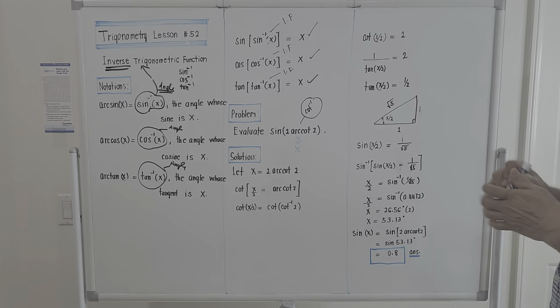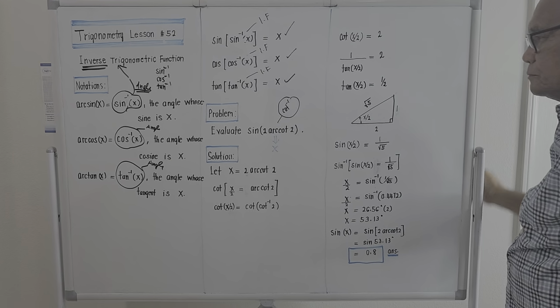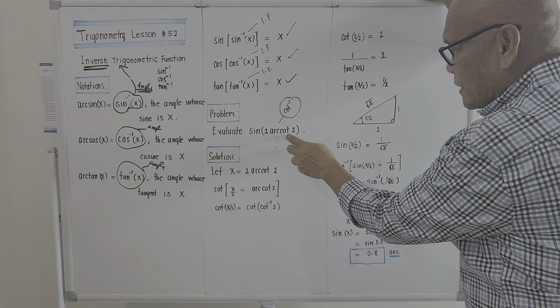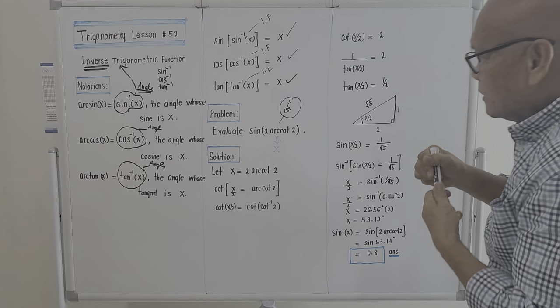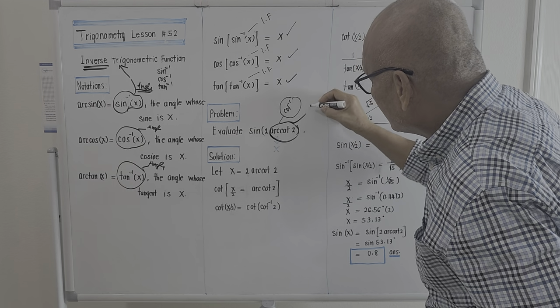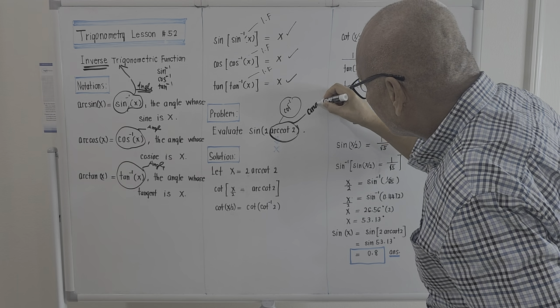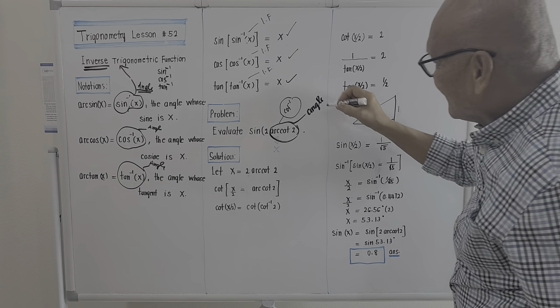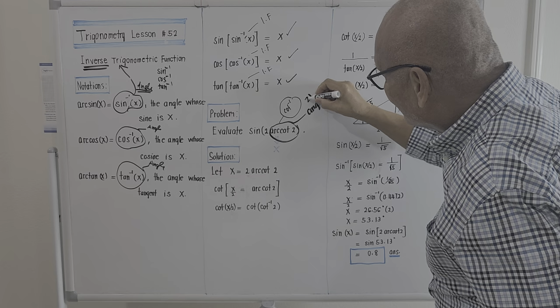And the problem is asking, what is the sine of twice the arccotangent of 2? This arccotangent of 2 is actually an angle, right? And it should be multiplied by 2.